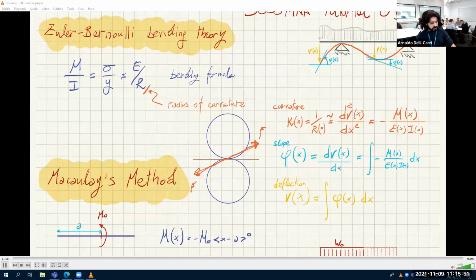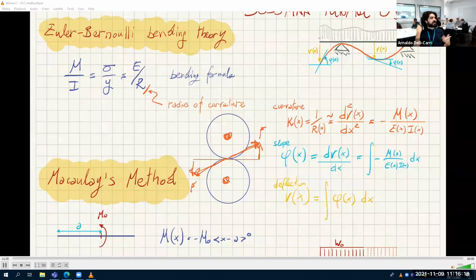If this is the shaft of gear 1 and this is the shaft of gear 2, these forces have a component that is separating the shafts. If the shaft is flimsy, if it's too thin, it might not fail, but the gears separate from each other. That's not good. You want them in contact all the time.